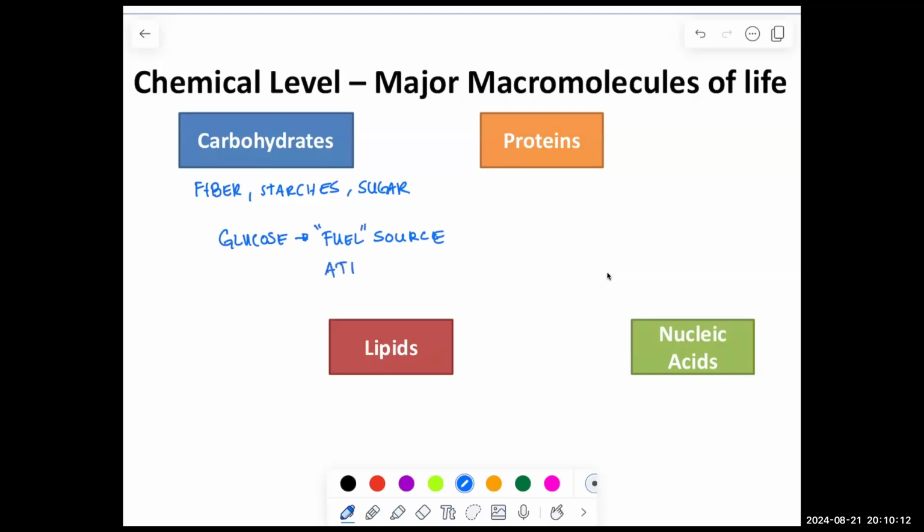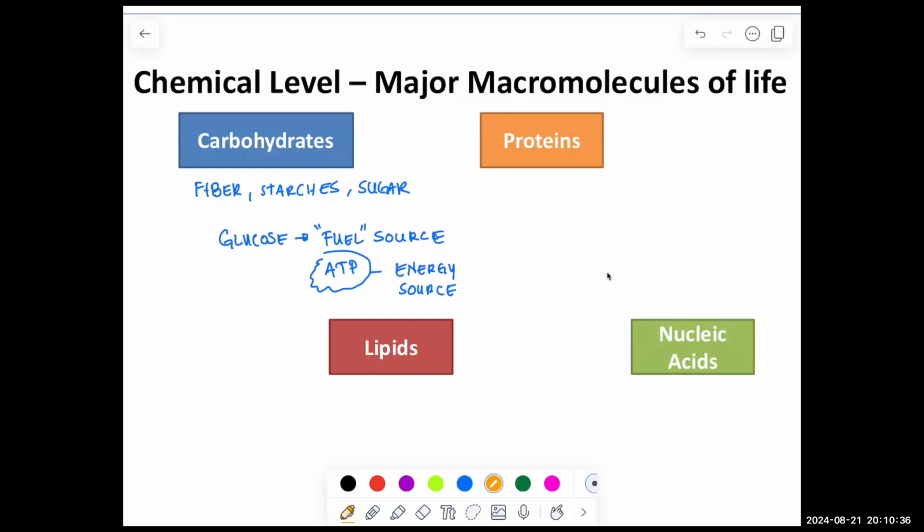ATP. So this is the molecule that is your energy source for your cells. That is what I mean by fuel. You're going to create ATP, which is used for the cells to do the functions that they need to do to keep the organism alive.